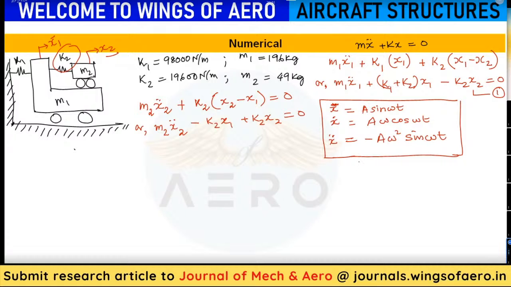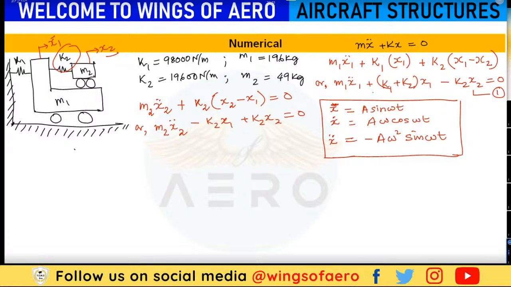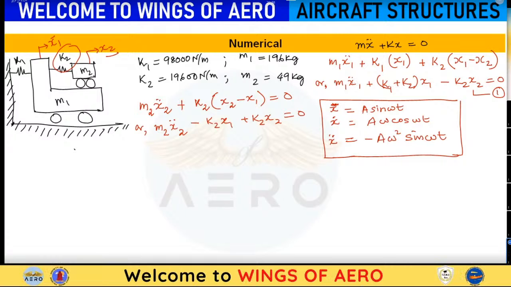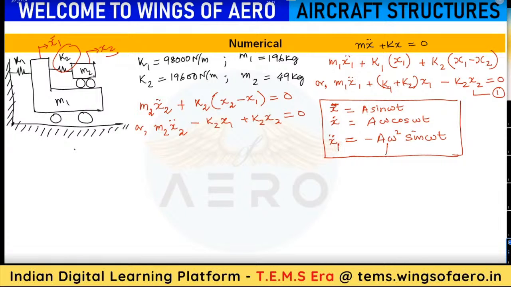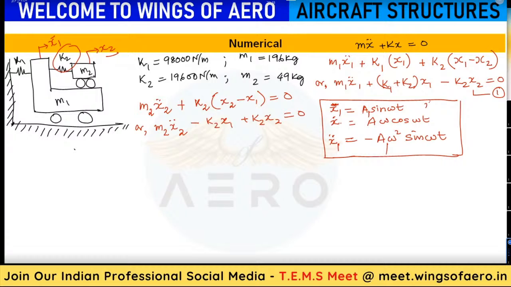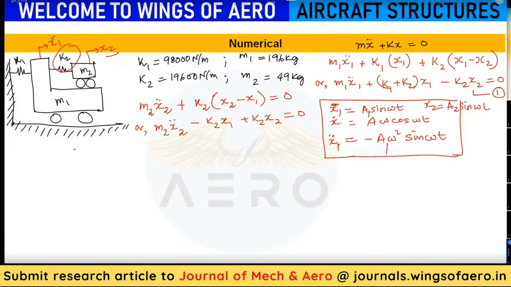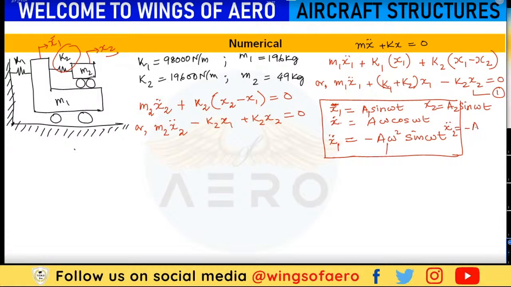Now when you are finding for x double dot 1, the amplitude will become a1. When we find for x1, this will become like this. Now for x2, x2 will be a2 sine omega t, then x double dot 2 will become minus a2 omega square sine omega t.